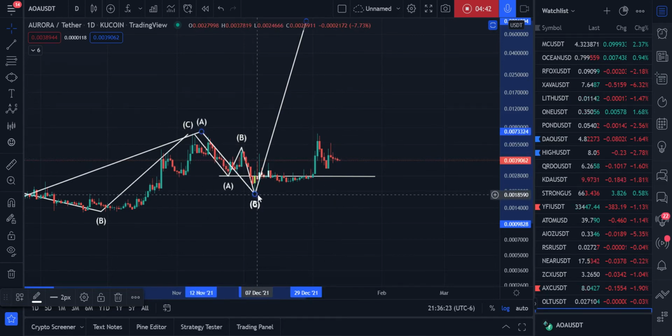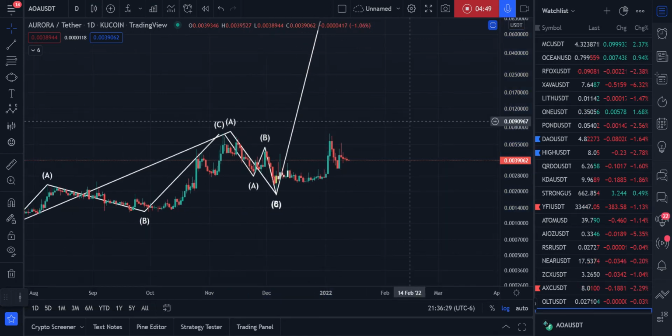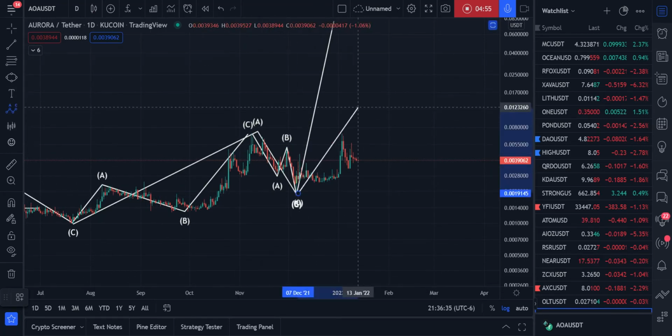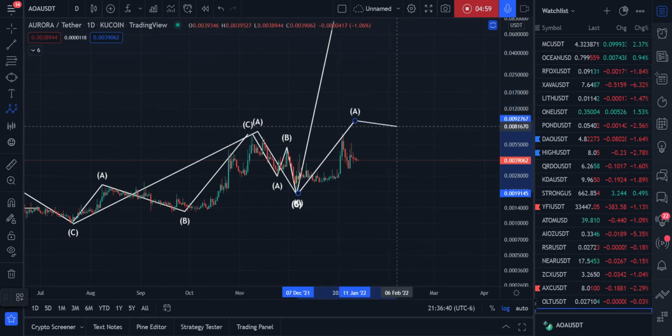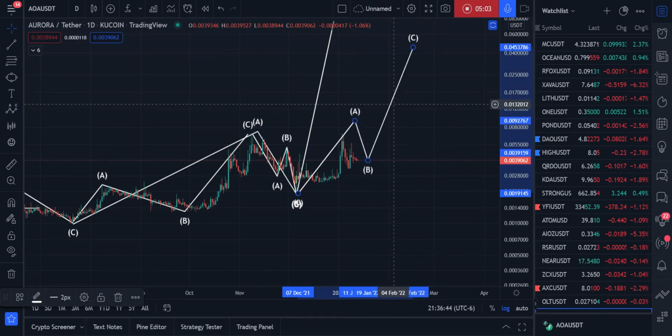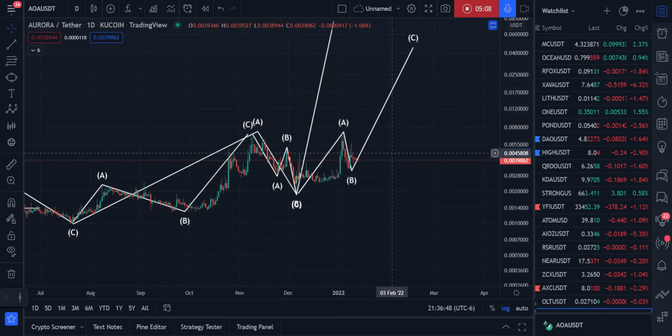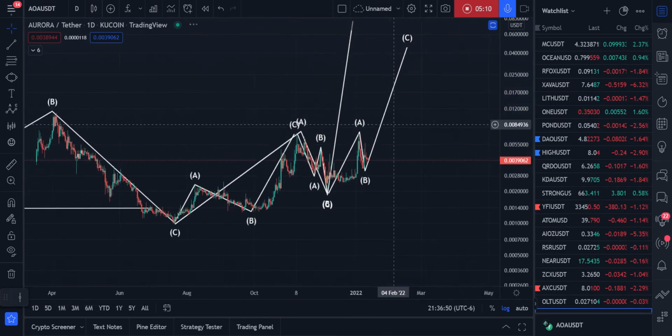And again, this is just playing a subwave. This is the subwave of the much larger B wave. Okay. So then let's continue on here. So if that's the sub ABC, then we would have right now our A wave starting of potentially a much larger C wave.